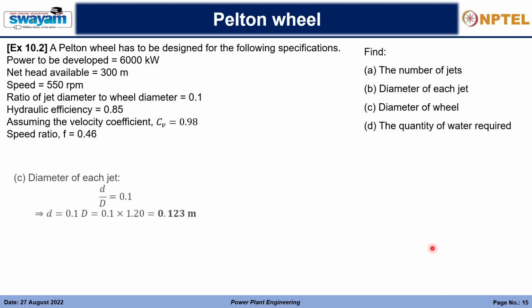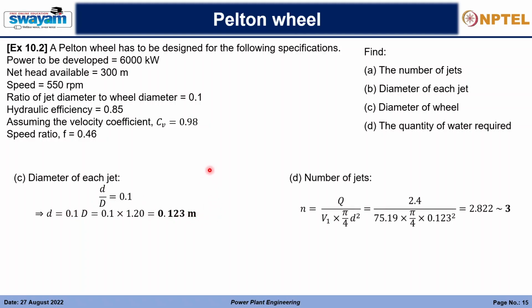Okay, next, the diameter of each jet. We are given the jet diameter to wheel diameter ratio. We now know the wheel diameter, so the jet diameter will be 0.1 of that, so that is 0.123 meter. Next, the number of jets. Sorry, the numbering is a little bit off.